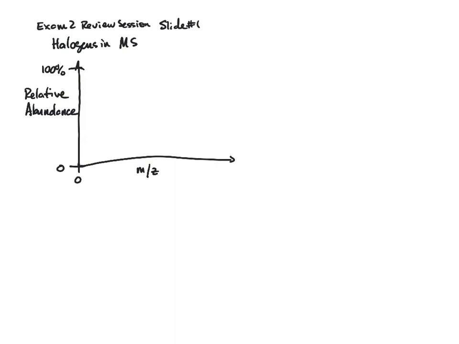So we have from the periodic table, those are your halogens. Fluorine is 100% abundant. So what does that mean?